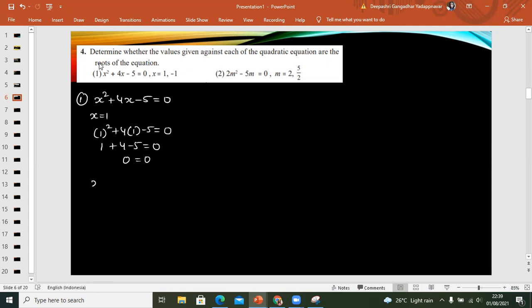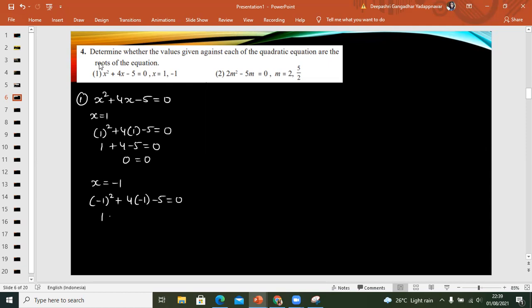Check x = -1. Substitute x = -1 in the equation: (-1)² + 4 times (-1) - 5 = 0. Negative 1 multiplied by negative 1 gives positive 1.